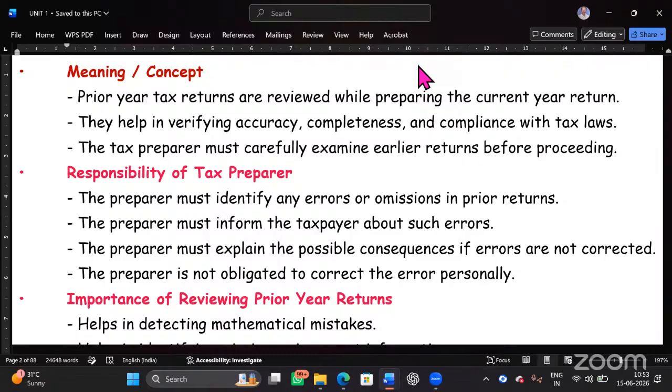Alternatively, the taxpayer can also take the service of a tax preparer, who technically supports preparing the tax return. Who is a preparer? What qualifications are required? Everything will be covered about the tax preparer.